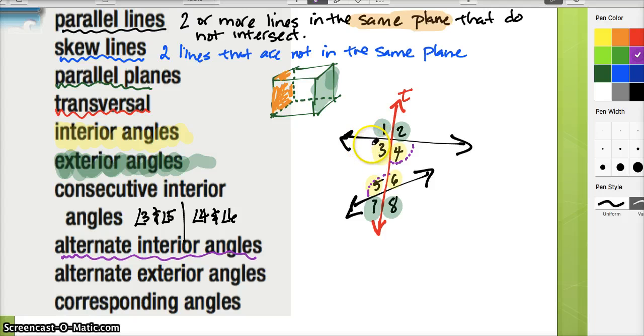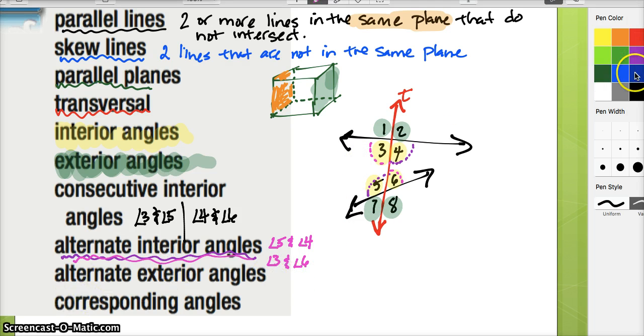And then similarly, you'll see that this angle is an alternate interior angle to that angle, okay? So when I talk about alternate interior angle pairs, in this case, I would tell you that angle 5 and angle 4 are alternate interior angles, and then angle 3 and angle 6 are another pair of alternate interior angles.